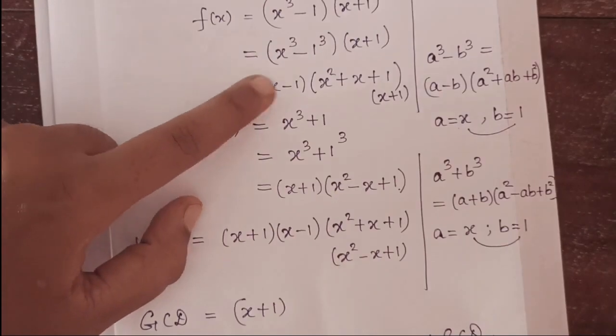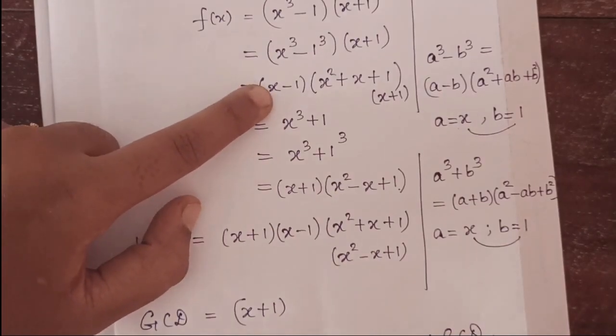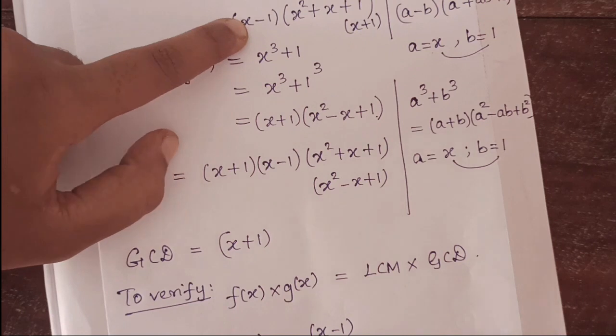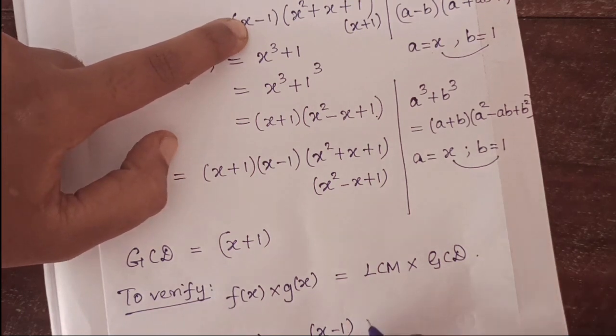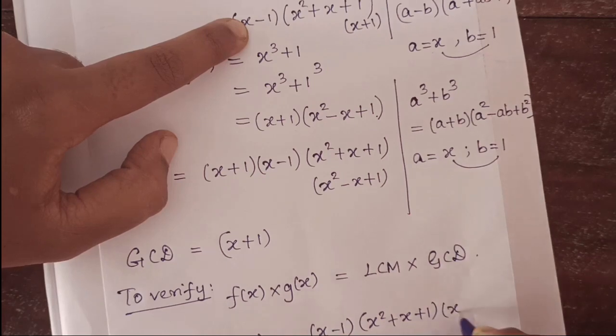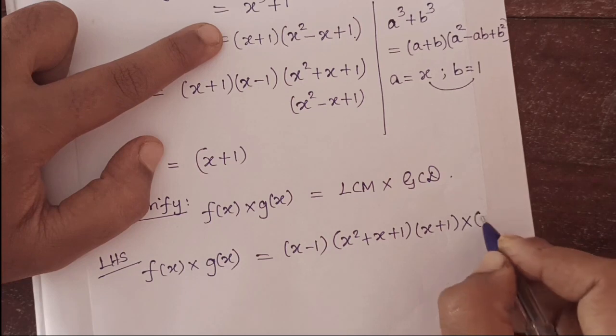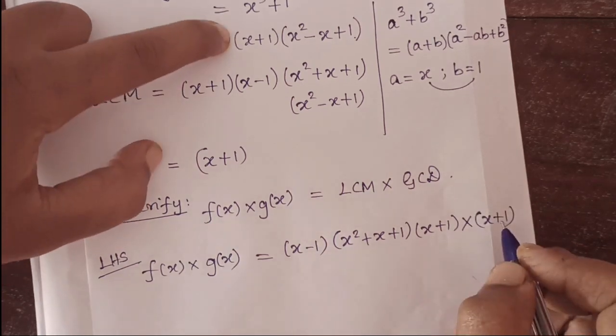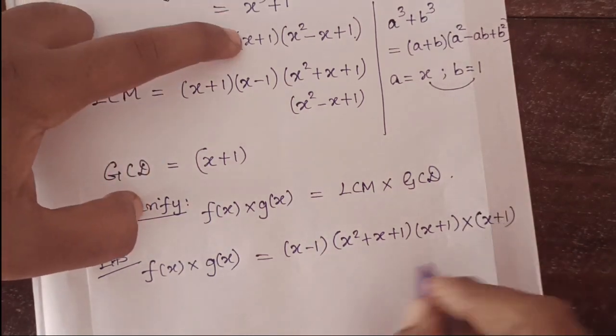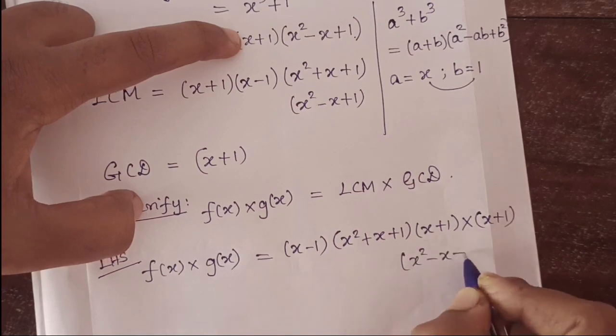We need to write that value. So x minus 1 into x square plus x plus 1 into x plus 1 into, see the g of x value, x plus 1 into x square minus x plus 1.